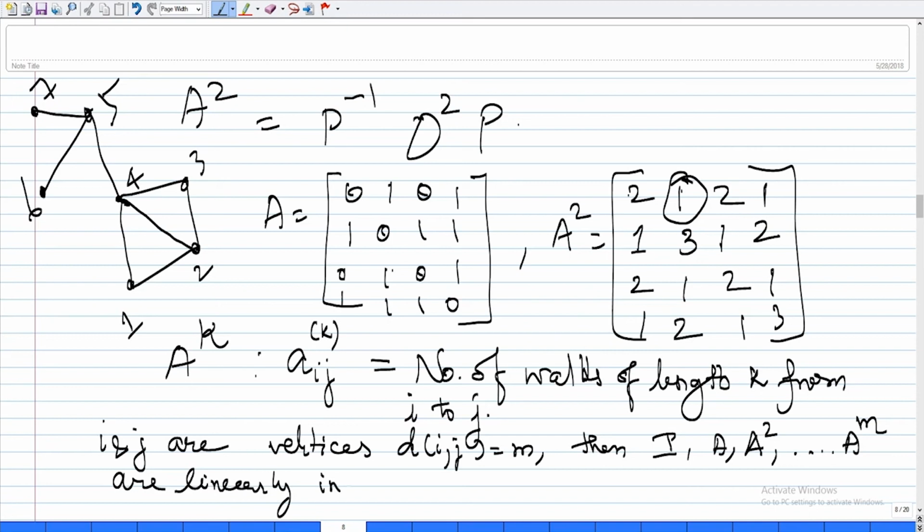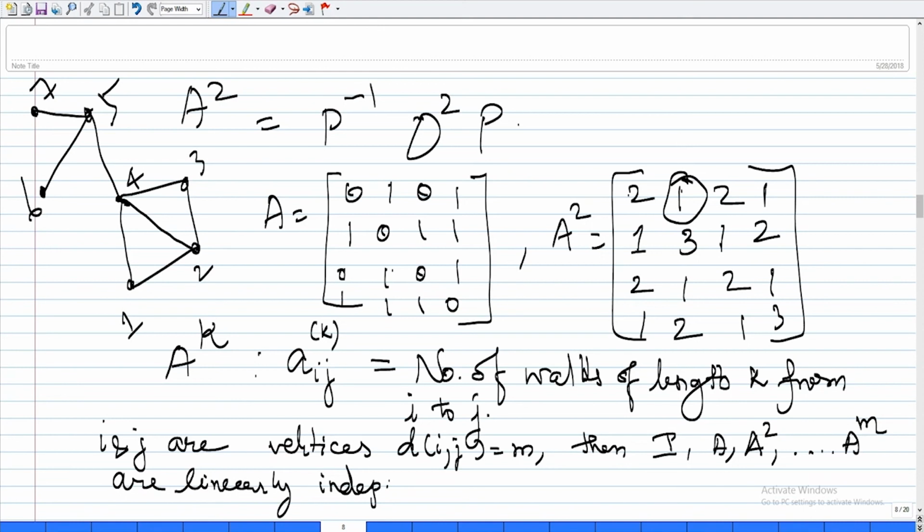One simple reason is that because the distance is m, obviously the entries of A square up to A power m minus 1 will all be equal to 0, right. And similarly, the entries which are at a smaller distance will also get altered, say like 1 and 5 if they are at distance 2, then until A square it will be having 0, right.